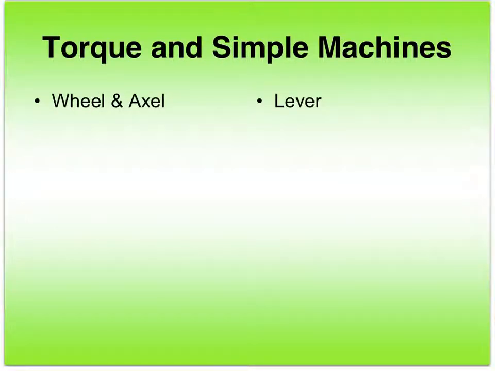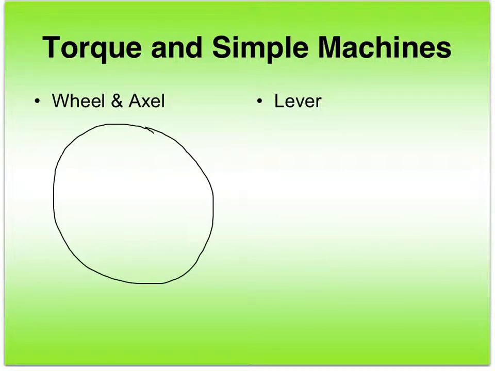So for a wheel and axle, like I just showed on the last slide, here's my wheel, here's my axle, here's my central point. For a wheel, this is your lever arm, and for the axle, this is your lever arm. The lever arm for your wheel is your effort distance, and the lever arm for your axle is your resistance distance.